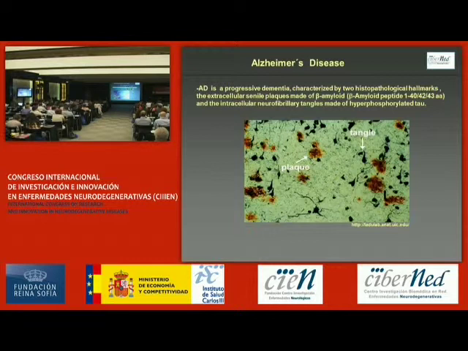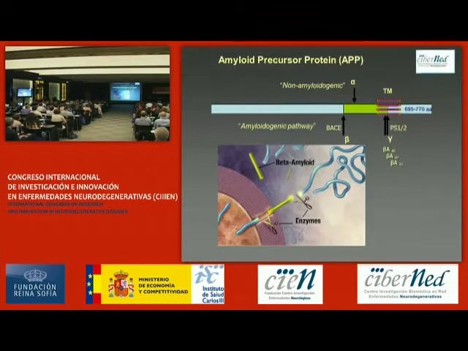The amyloid peptide is generated by proteolytic cleavage from the amyloid precursor protein. It's a housekeeping protein, and the process of proteolysis is conserved in all cell types. From one of the two different pathways, we can obtain the peptide.